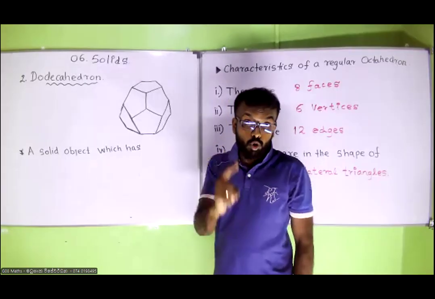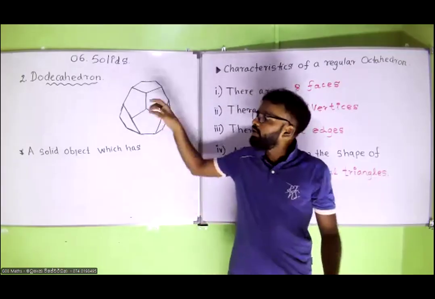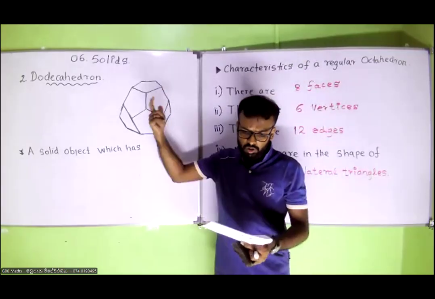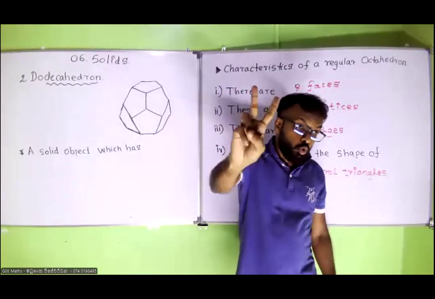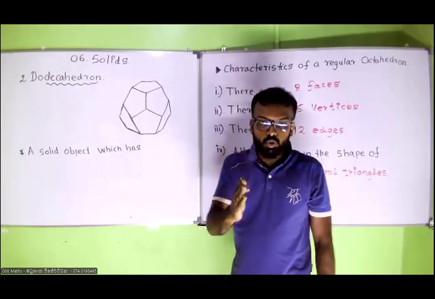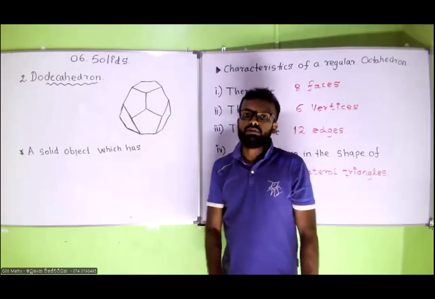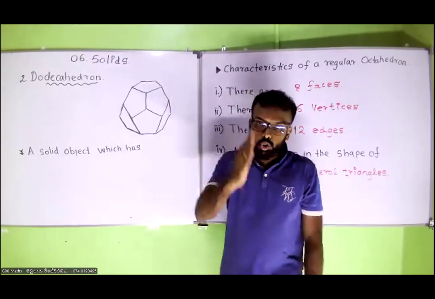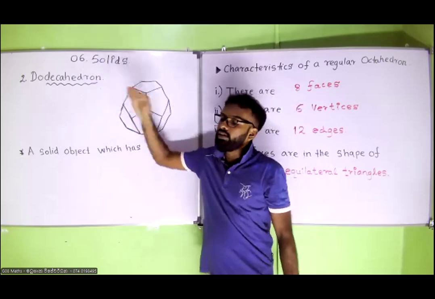That is the most important thing you need to remember. And how many pentagonal shapes are there for a dodecahedron? Altogether there are 12 faces, 12 identical pentagonal shapes.